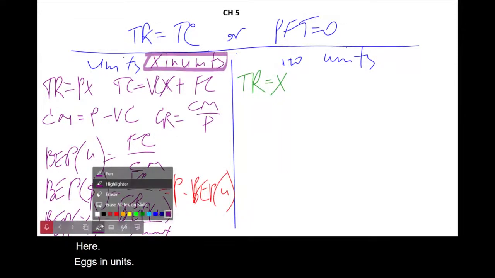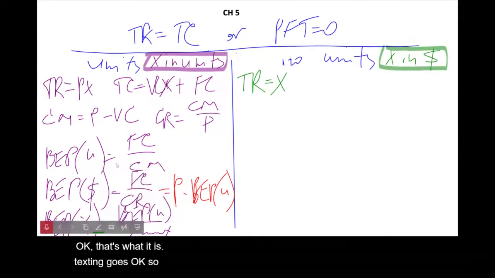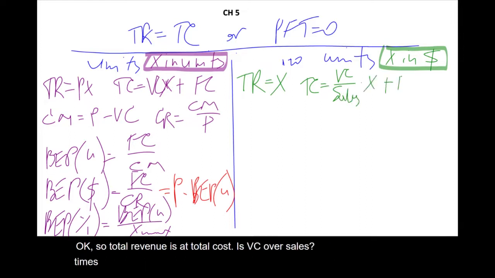In the case of no units, X is in dollars. Okay, that's what it is. So total revenue is X, total cost is VC over sales times X plus fixed cost.